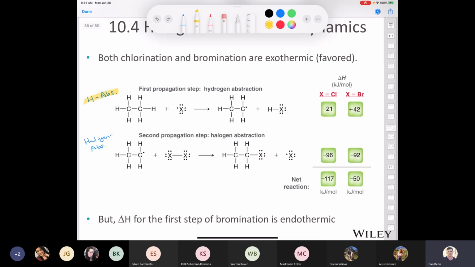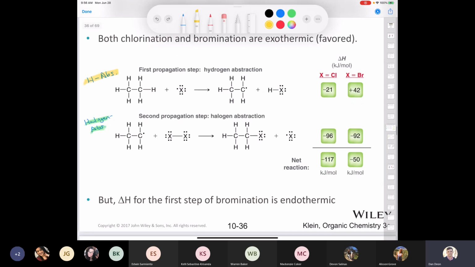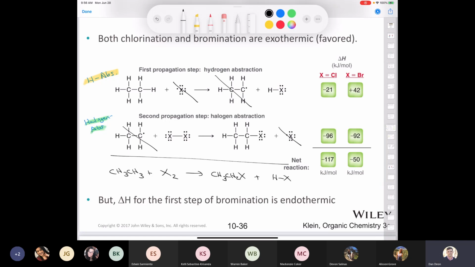Now, if we look at the second step for both of them, which is the halogen abstraction, you see that the halogen abstraction for both of them is an exothermic process. Now, I've told you this many times: when you tally up the two steps of the propagation, you can cancel this, and then overall you get ethane plus your halogen gives you the haloethane plus H-halogen.